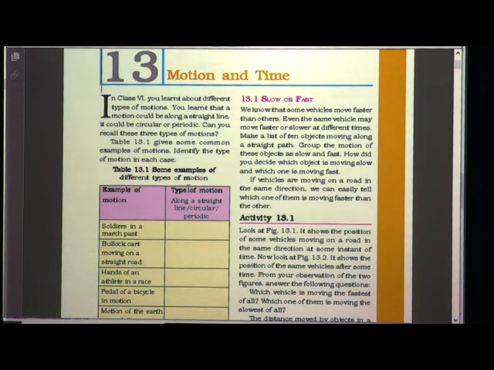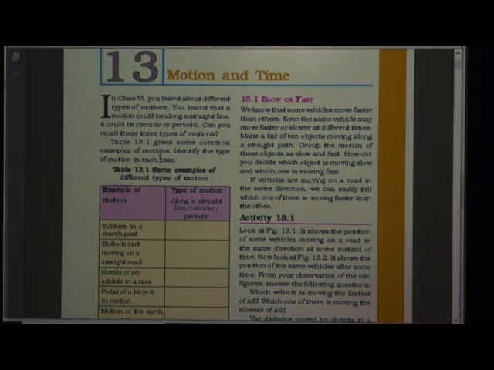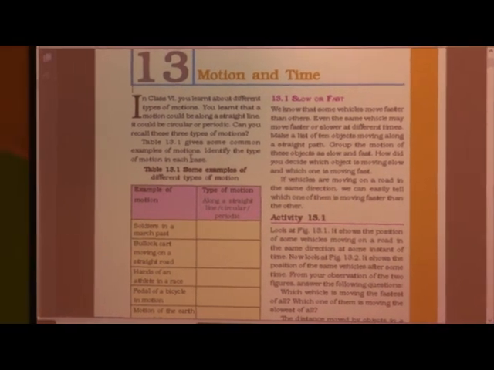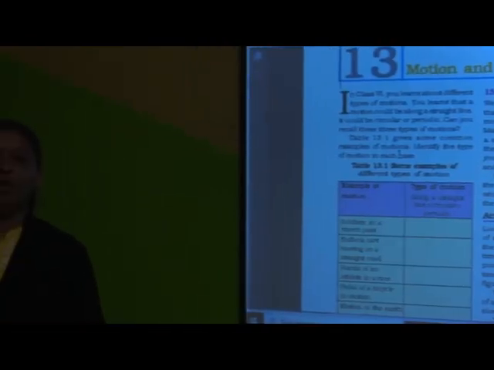We discussed speed and time, and how we can measure time and how we can measure speed, and also the formula of time and the formula of speed, and how we can solve any example if we get two quantities from the speed formula.